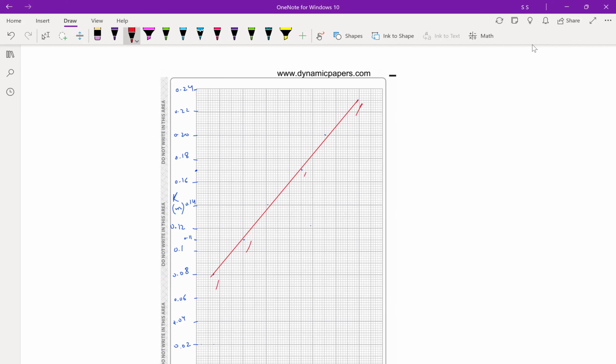And if I were to tilt it to the left, it would just pass through these 3 points. So it should pass through most of the points. That's how the line of best fit works. Now I'll just extend it to find out the y-intercept because we would need that later on.